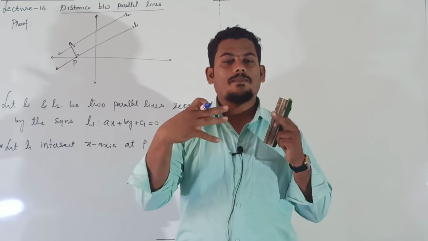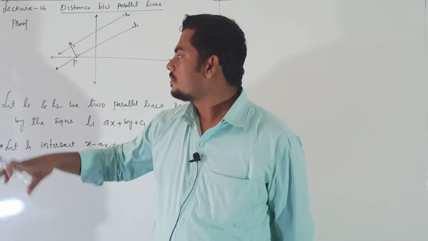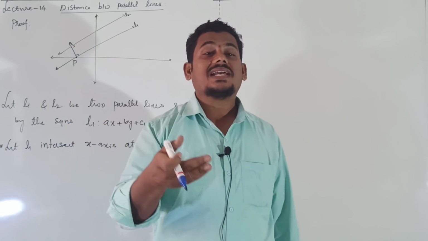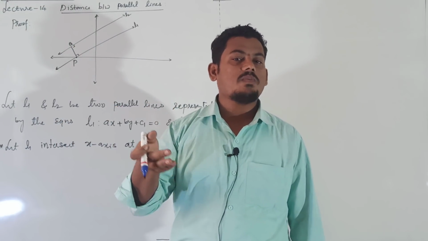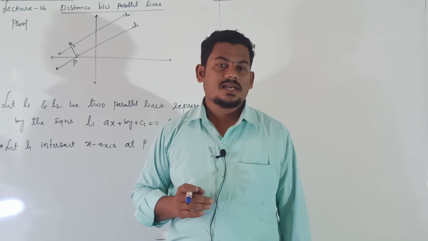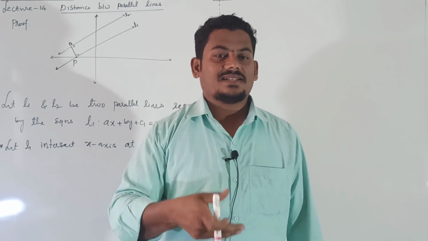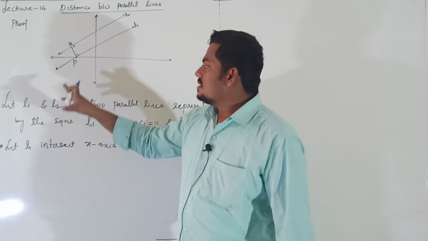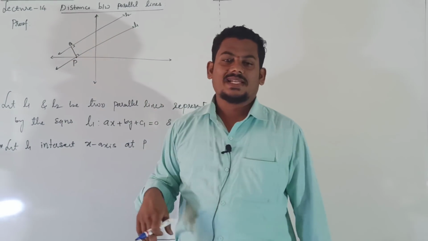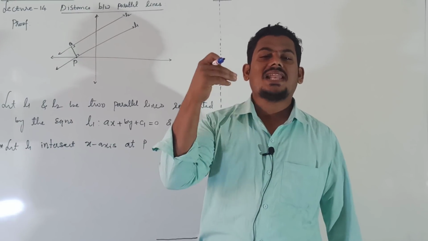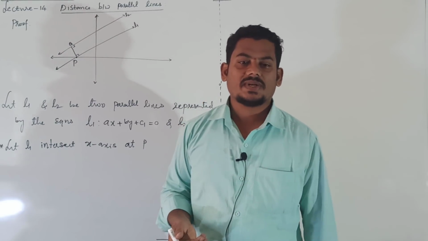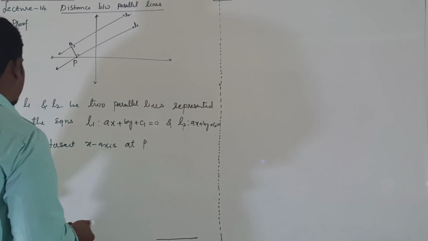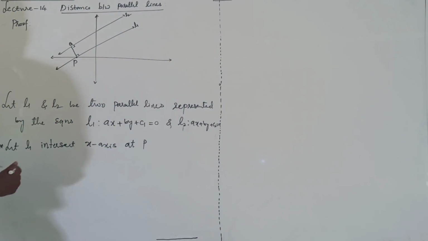Magnitude means positive. Magnitude is nothing but length. Already you learnt about the magnitude of a vector. Magnitude of the vector means length of the vector, right? So magnitude of the PQ line means length of the line PQ, right? And I will take PQ as some distance d.